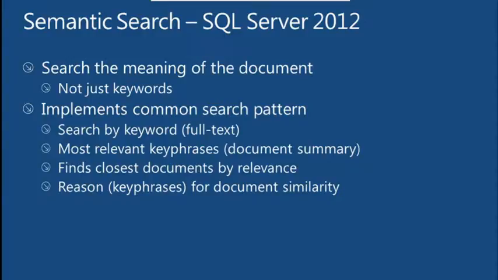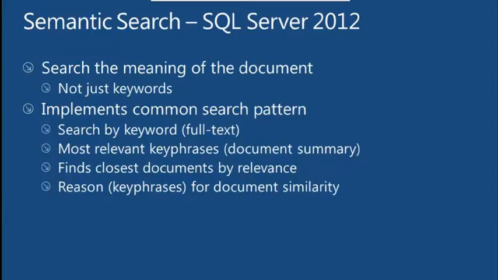Imagine that if you had a bunch of XML resumes, and you had the perfect employee, right? You might be the perfect employee, sir. And we want to find somebody that's exactly like you. You can actually find the closest documents by relevance. And once you find a set of close documents by relevance, then you want to find the reason why the search engine considered those to be the same, or considered them to be close.